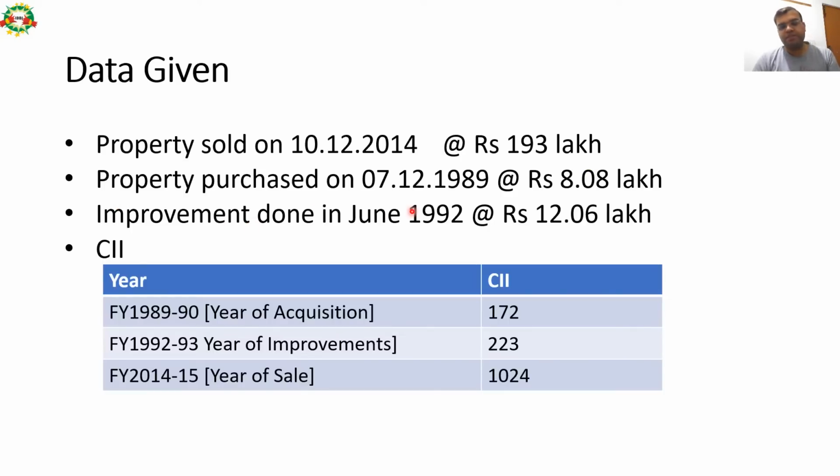The property was purchased on 7 December 1989 at a consideration of 8.08 lakhs, and then improvements were done in June 1992 at the rate of 12.06 lakhs. Cost index for 3 years has been given: 1989, which was the year of acquisition; 92-93, the year of improvement, 223 cost index; and the year of sale cost index is given as 1024.